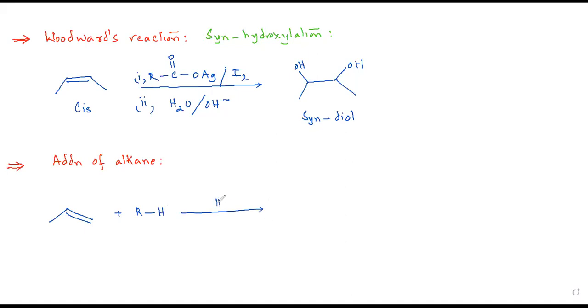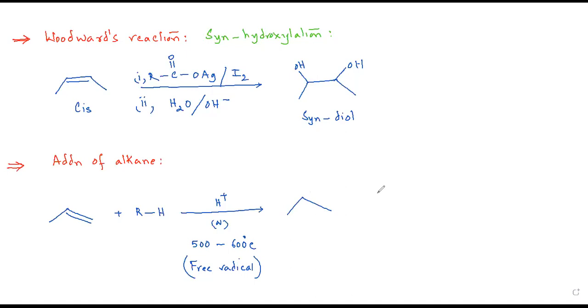This can be carried out in the presence of an acid or at a high temperature of 500 to 600 degrees centigrade. In fact, this goes via a free radical mechanism if you consider higher temperature. It's very simple.